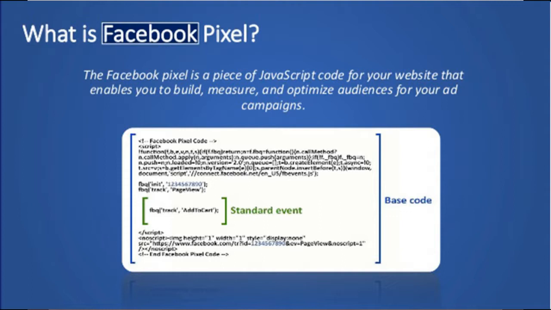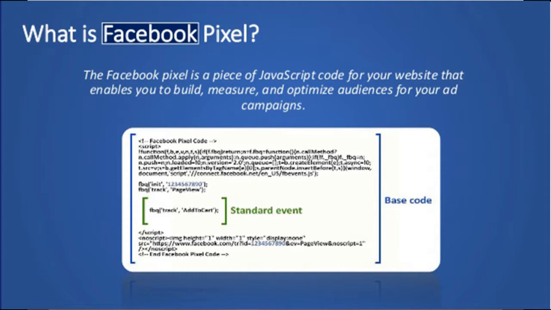So let me repeat myself. The Facebook pixel code is divided into two: the Facebook base code, which tracks the traffic to your website, and the Facebook event code. Its purpose is to track specific actions on your website.